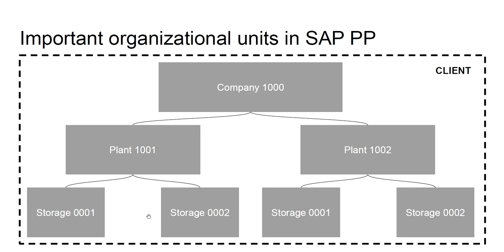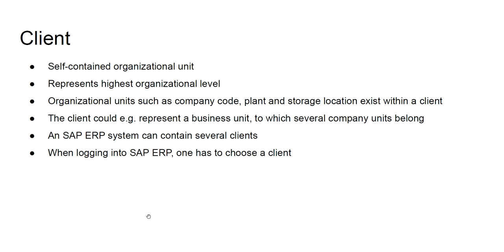on the site. But a little bit more information here on the client. The client is a self-contained organizational unit that represents the highest organizational level. The organizational units of a company code, plant, and storage location exist within the client.